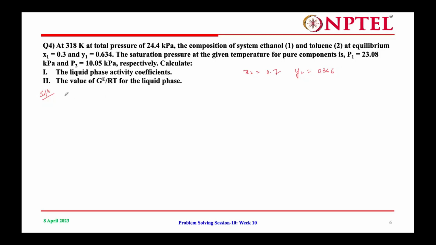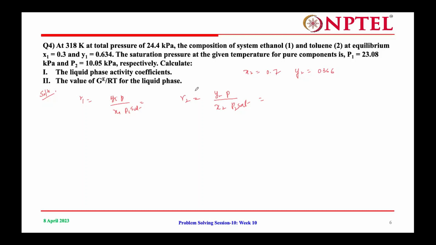So calculate gamma equal to y1 P divided by x1 P1 sat, and y2 P divided by x2 P2 sat. Put the values in this equation and you will get the activity coefficients for ethanol and toluene.